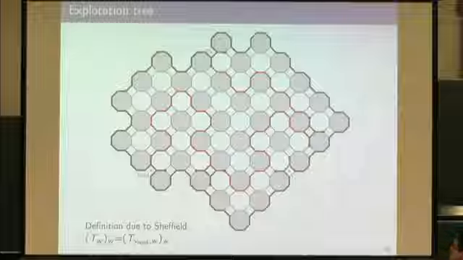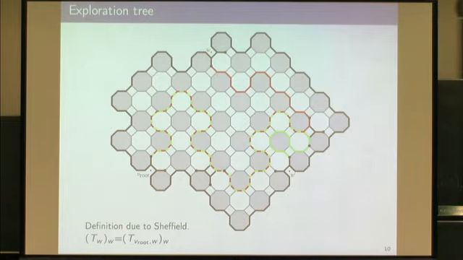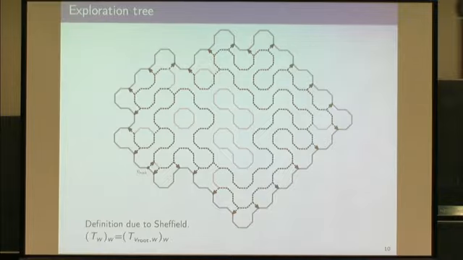Then I take some other point and do the same thing. And what happens in the end? So there's a root point, and then from the root point to all the other boundary points, there are these branches of my tree.